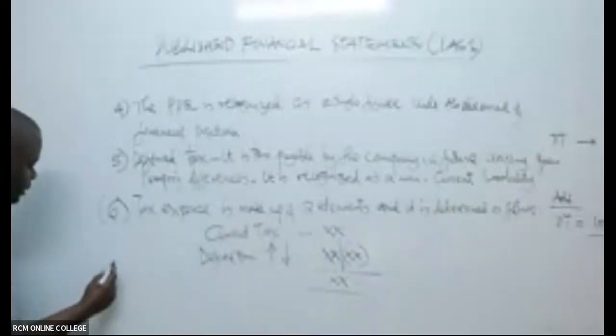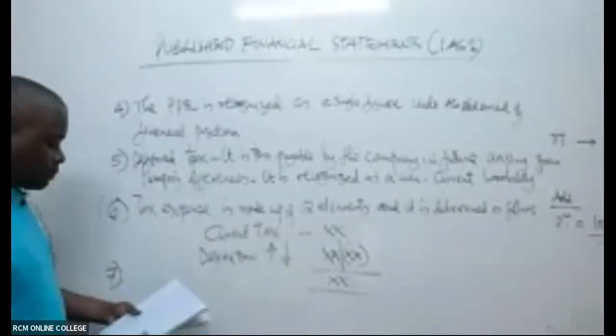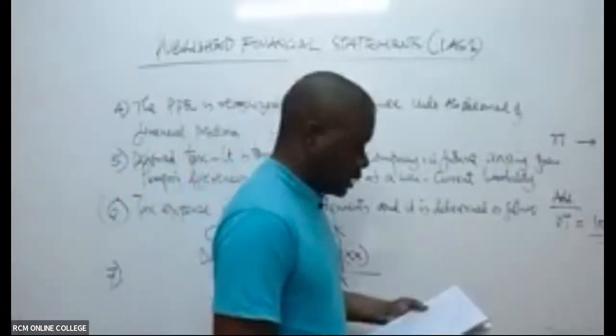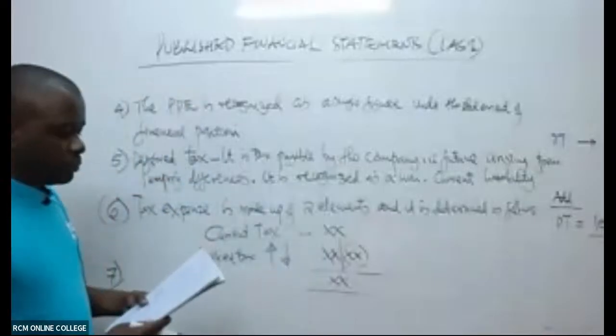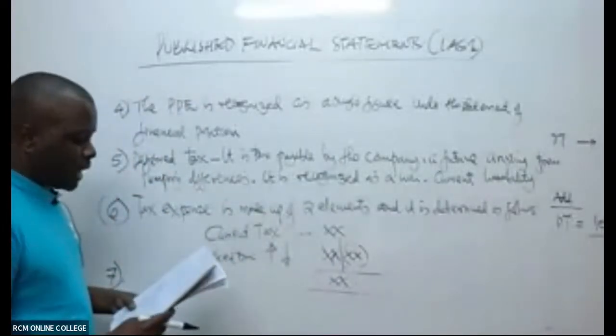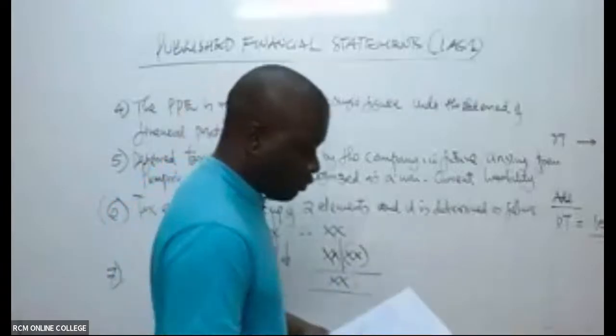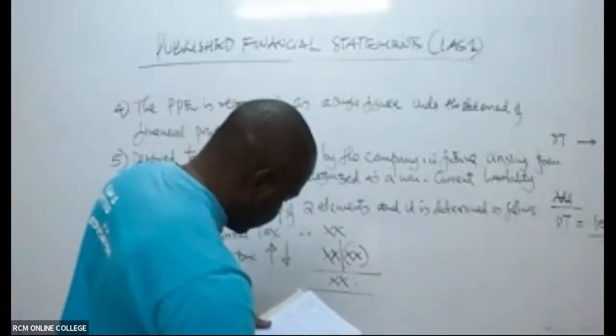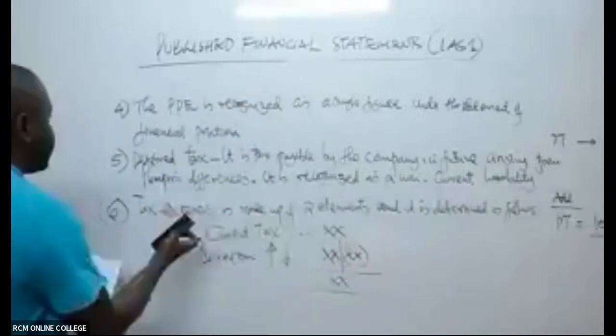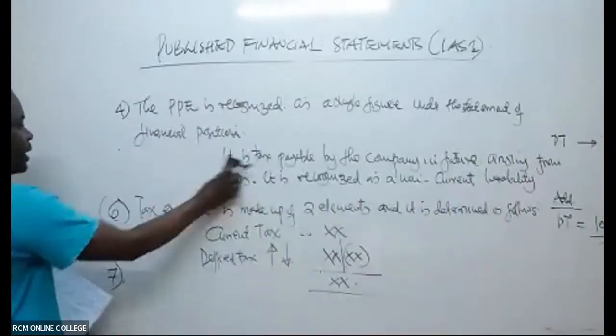Then another item that is of so much importance: the components of comprehensive income. There will be other comprehensive income, what we call other comprehensive incomes.